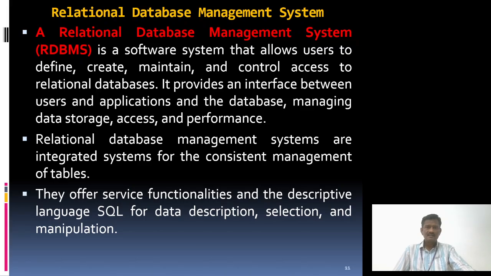A relational database management system, shortly called as RDBMS, is a software that allows users to create, manage, and manipulate relational databases. It provides tools to manage tables, SQL language support, and mechanisms for safe, consistent, and efficient data management.